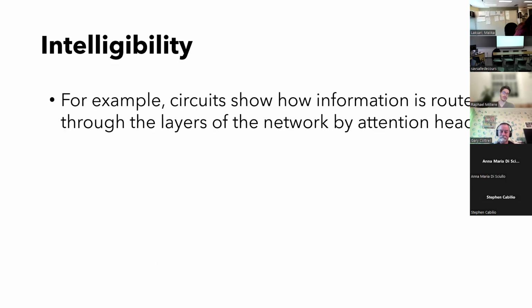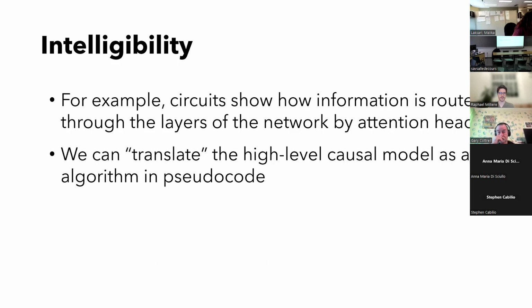And so, for example, if we take the canonical examples from the mechanistic interpretability literature, circuits show us how information is routed through layers of attention heads, as I mentioned earlier. And in the ideal case, we could hope to translate the high-level causal model into an algorithm in pseudocode.